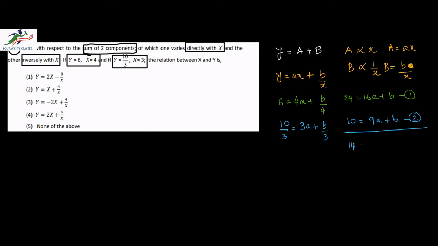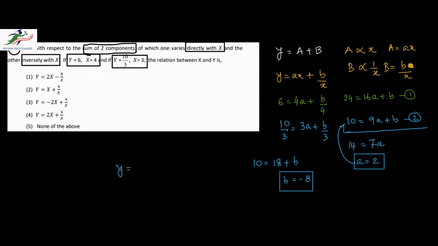So if we subtract the second equation from the first equation, we get 14 is equal to 7a, or a is equal to 2. And if we put the value of a back in equation 2, we'll get 10 is equal to 18 plus b, or b is equal to minus 8.